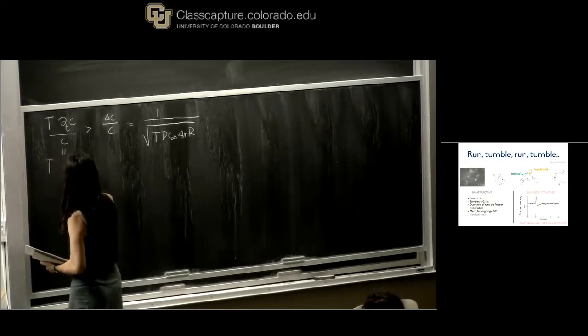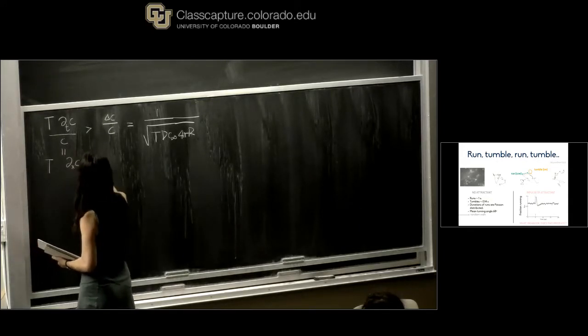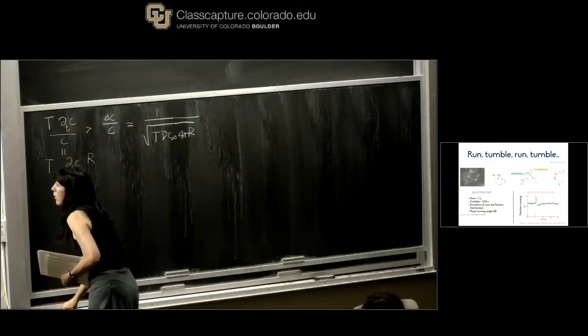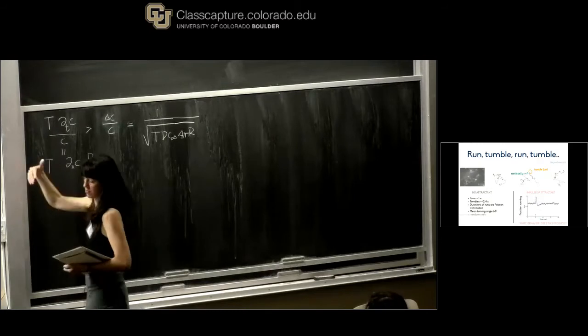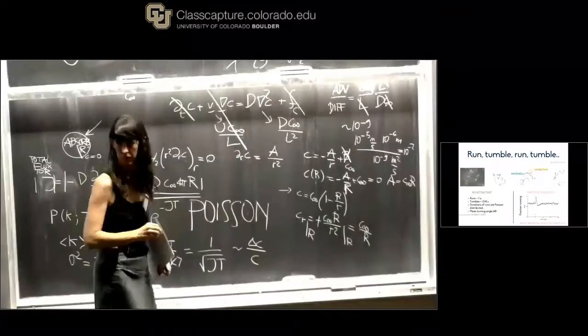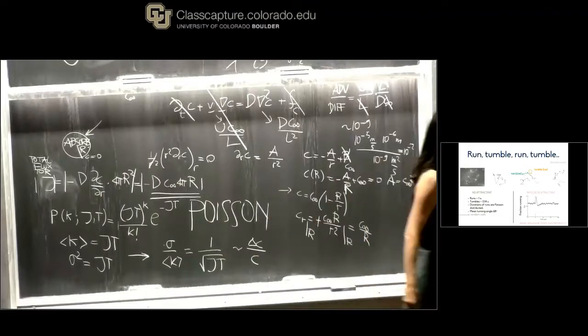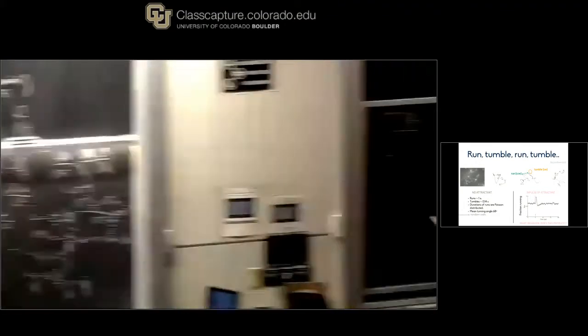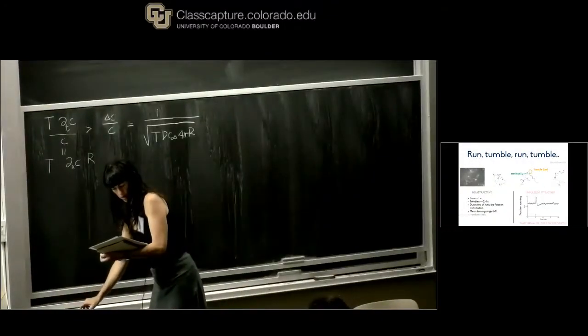T dxc times the radius of the cell divided by... it's not negative just because it comes in, but it doesn't matter. What I care about is the modulus. It's just coming in. Okay, so where was I?